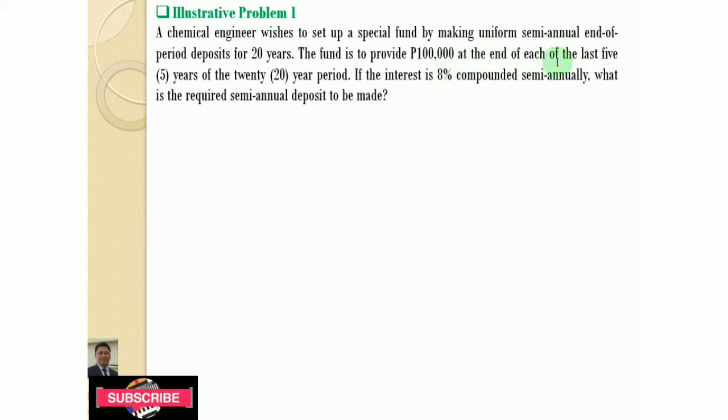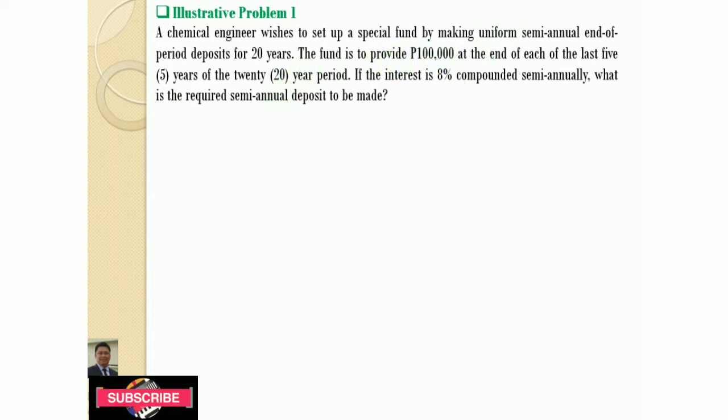And for the last 5 years, at the end of each of the last 5 years of this 20-year period, we have this fund to provide 100,000. So actually we are dealing here with the cash flow deposits, and we also have the cash flow withdrawal, since this is a cash outflow in this problem.